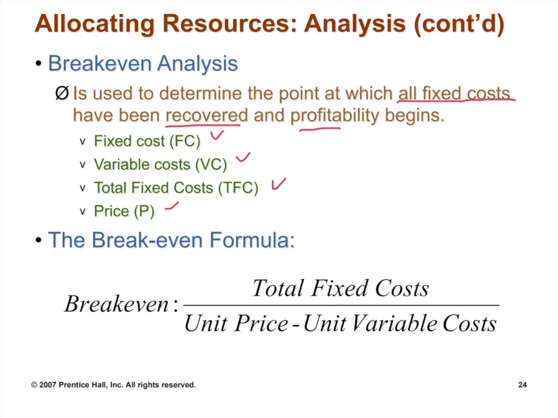The total fixed costs divided by unit price minus unit variable cost. What does unit price minus unit variable cost mean? That is the profit per unit.